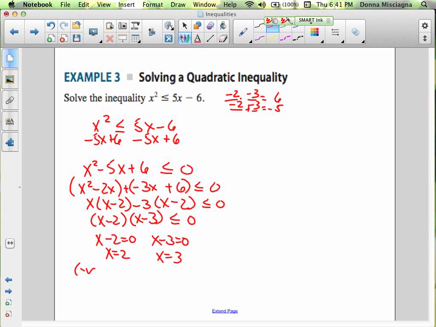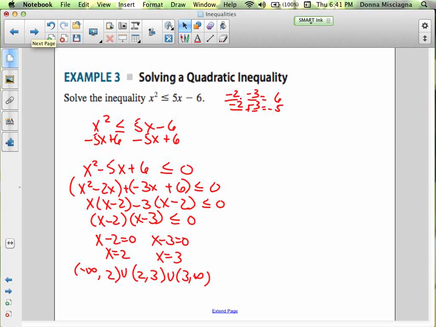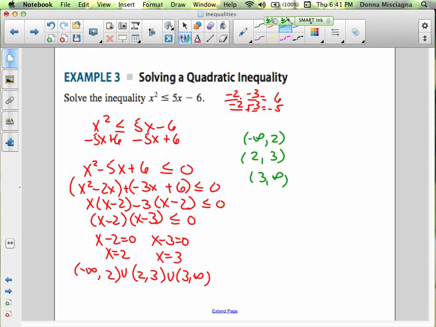So we're going to look between negative infinity and 2, and 2 and 3, and 3 and infinity. All right, so let's look at the first one. I'll change colors here. So here's my table. It's not going to be too fancy. We have negative infinity to 2, 2 to 3, and 3 to infinity, and those are the values that we want to check.